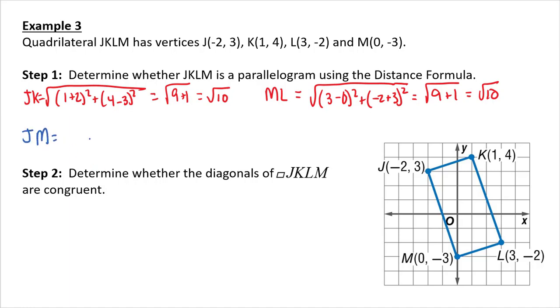So one pair of sides is congruent. I got too excited. So now I have to find the length of JM. 0 minus 2 squared plus negative 3 minus 3 squared. So that is 4 plus, I'm sorry, that's going to be 36. Trying to do too much in my head.